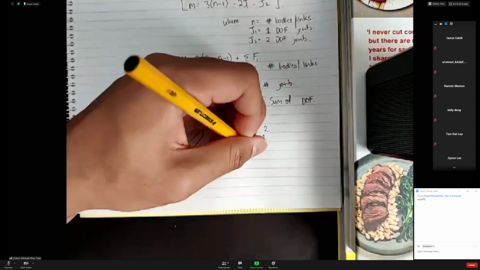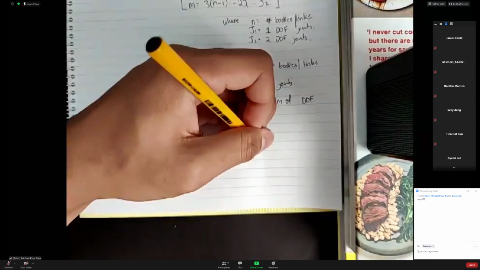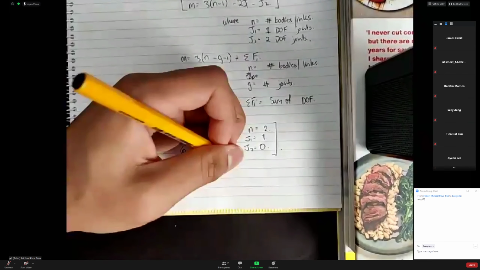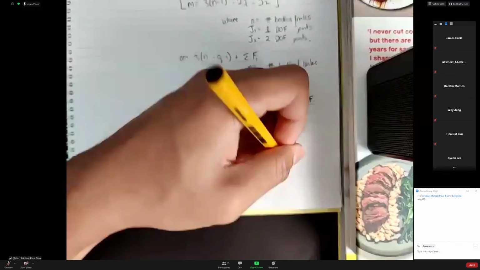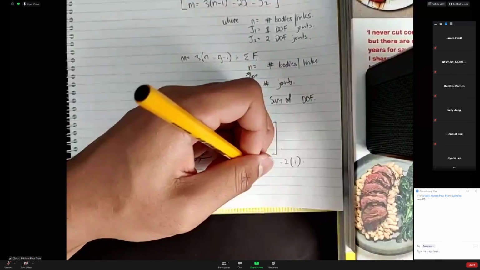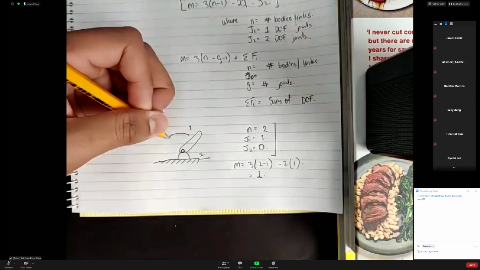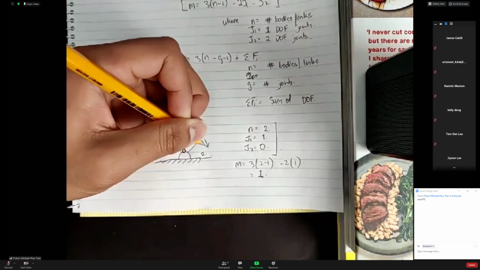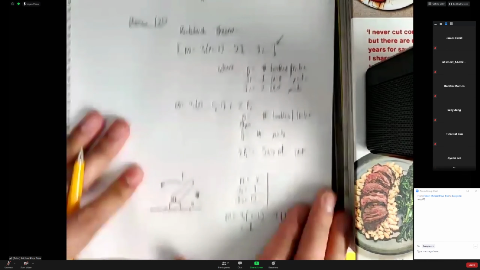And J2, there are no special joints. Right. So M = 3(2 - 1) - 2(1), which is 1. It's a pretty simple question, so you can just guess it right off the bat. You can already guess that it can only rotate about this pin here. That's your simple definition so far.